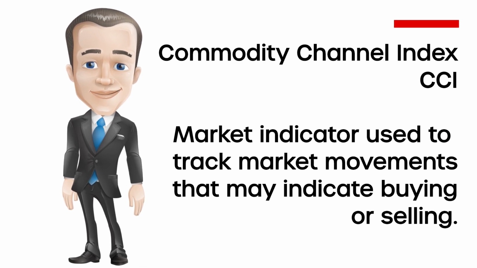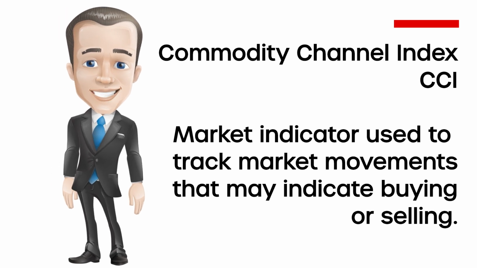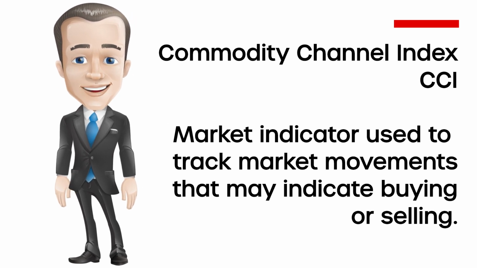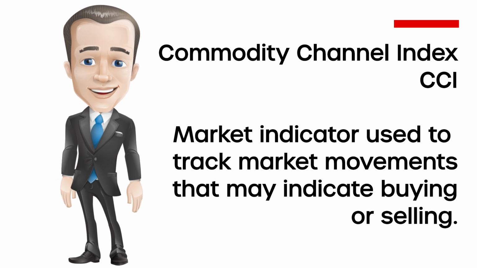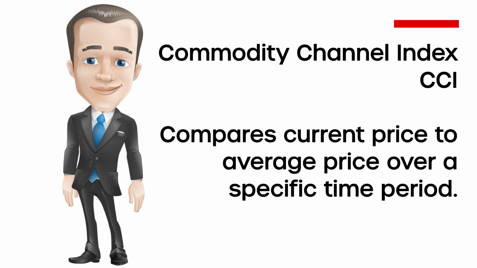Key takeaways. The CCI is a market indicator used to track market movements that may indicate buying or selling. The CCI compares current price to average price over a specific time period.